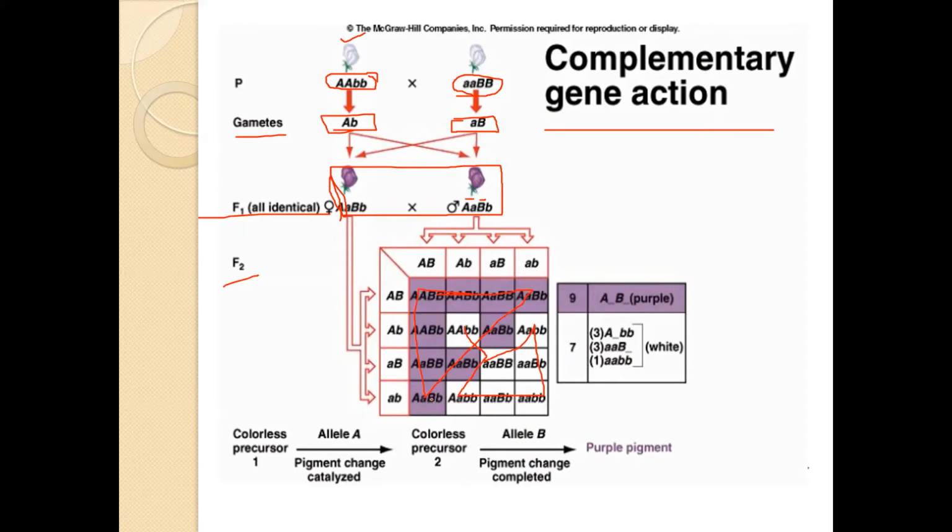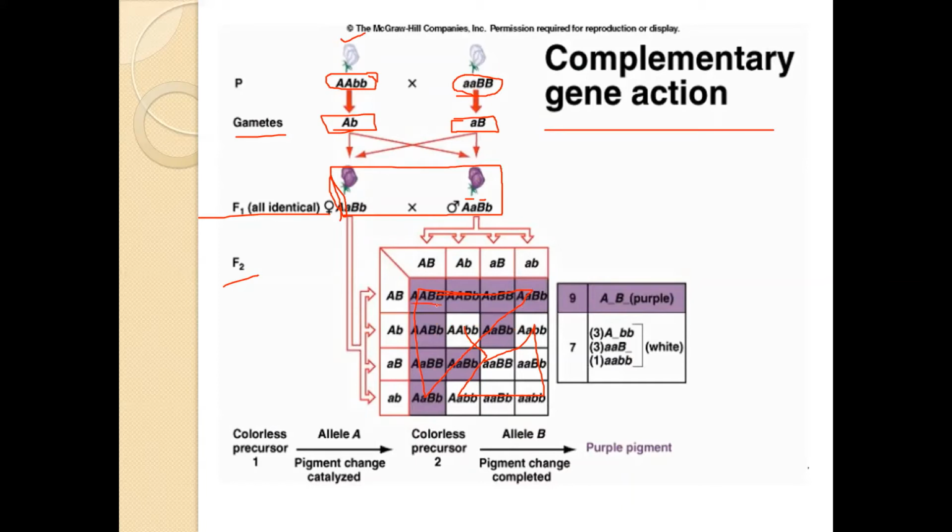In this particular purple panel, in each and every purple character, we will get one A and one B in a dominant condition. There may be both A and B in a dominant condition, like the first one.